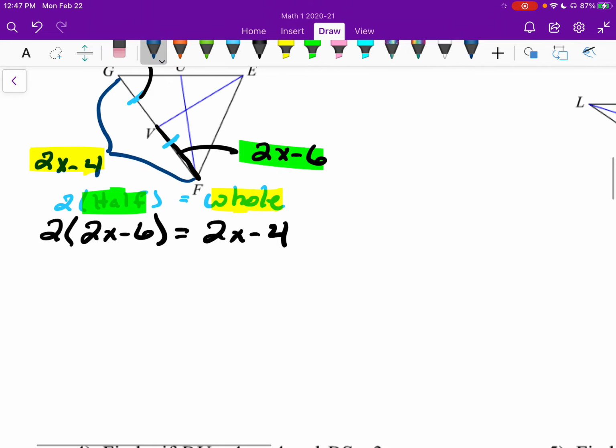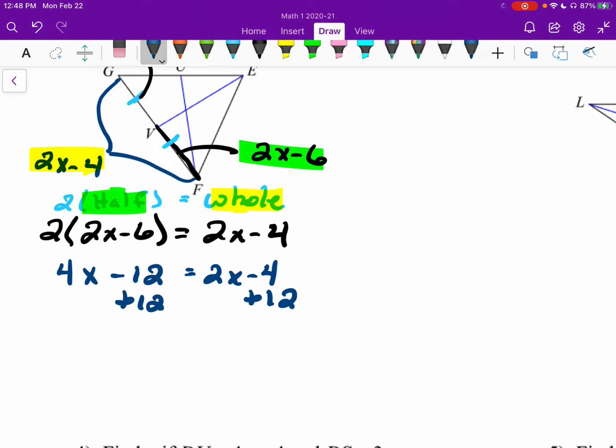So solving here, well, this will be 4x minus 12 is 2x minus 4. I'll add the 12 over. So this will give me 4x equals 2x plus negative 4 plus 12 gives me 8.